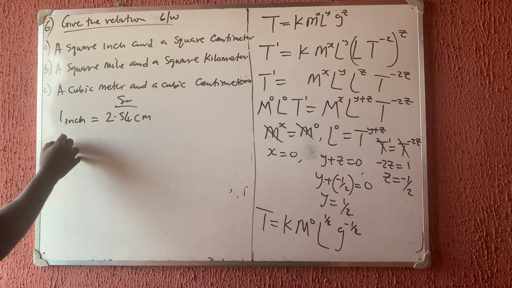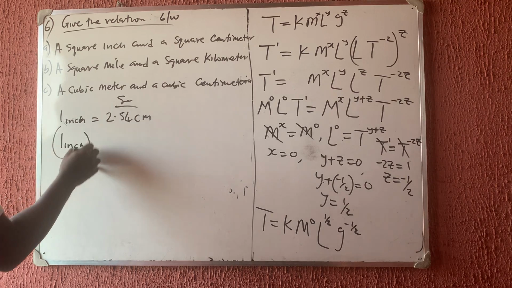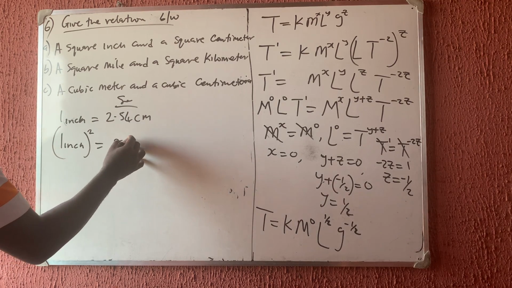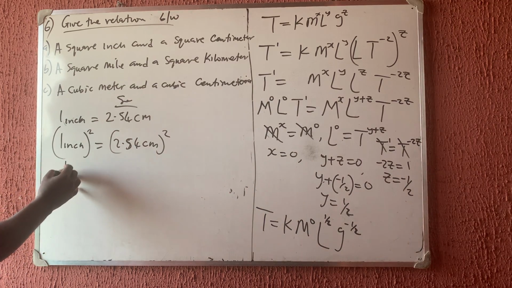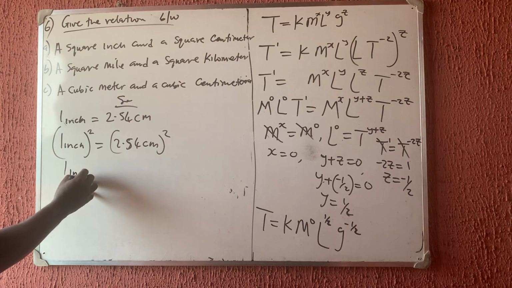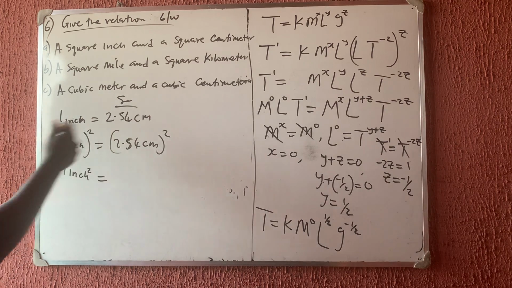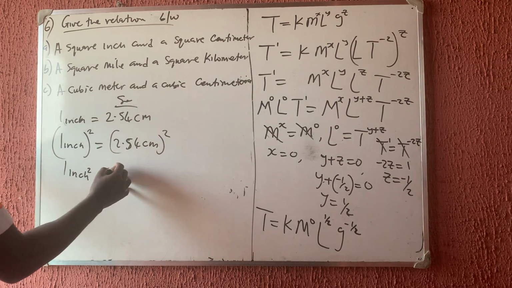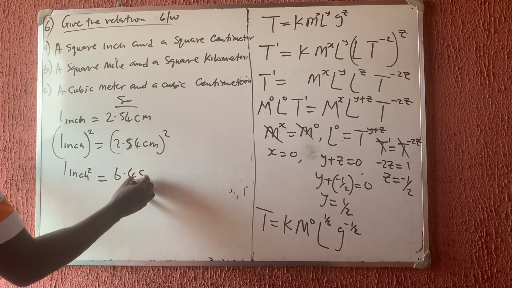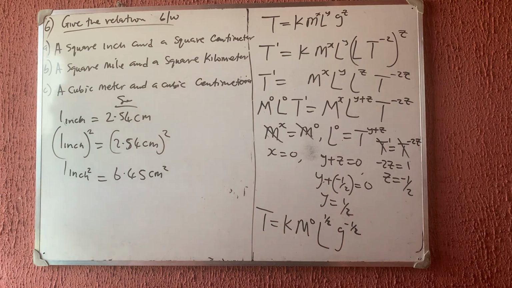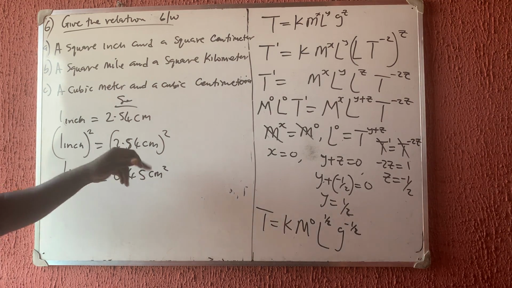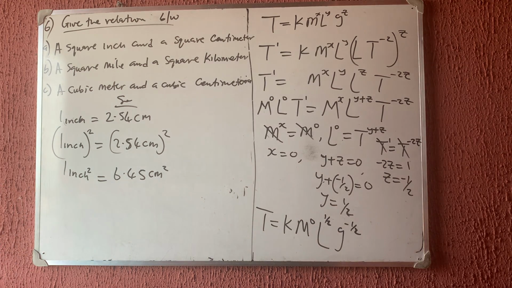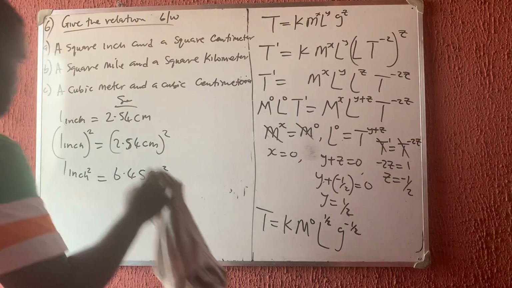So 1 inch all squared will be 2.54 cm all squared. 1 squared is 1, so 1 inch squared will be 2.54 squared, which will give you 6.45 cm squared. So 1 square inch is equal to 6.45 square centimeters. That is that. We move to question number B.